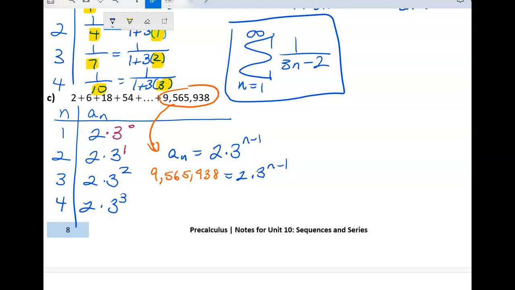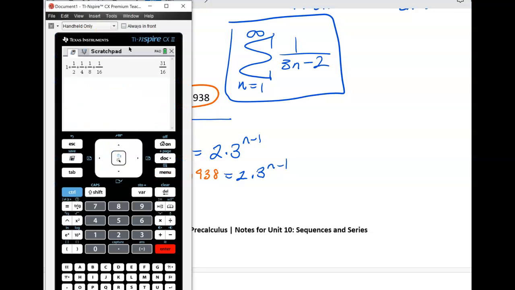We have an exponential expression there. What we're going to need to do is isolate the exponential expression so that we can use logarithms to solve this equation. In order to do that, we'll have to divide by 2 first.